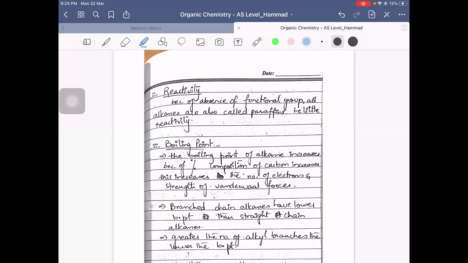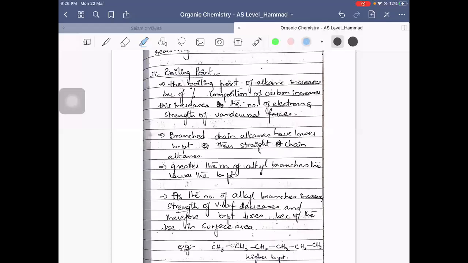Moving forward, reactivity. Because of the absence of functional groups, all alkanes are called paraffins, and they will have little reactivity. The boiling point of alkanes will increase because of the percentage of carbon increasing. This increases the number of electrons and the strength of temporary induced dipole forces.